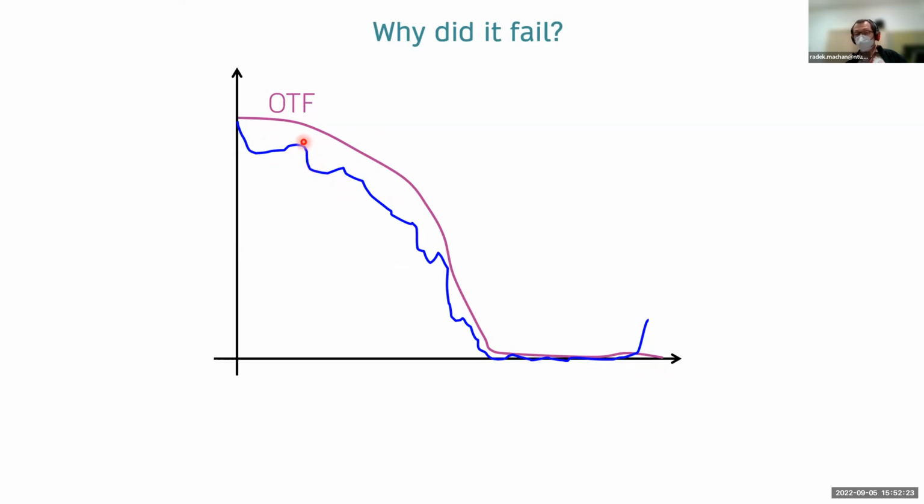So basically the optical transfer function defines the frequency bandwidth of the information which can be present in the frequency domain image. The blue curve would be the image, so it's all basically limited by the optical transfer function.